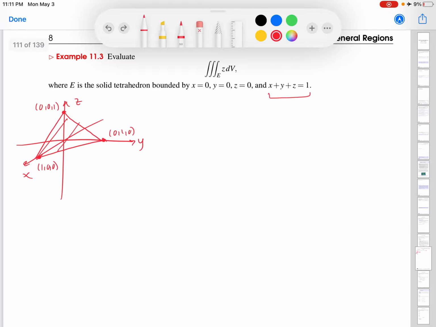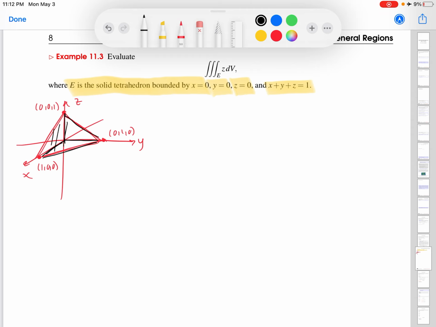And I'm being asked in this example to think of E as the solid bounded by x equals 0, y equals 0, z equals 0. These are all planes, and this other plane. So my tetrahedron includes this face, and then everything back here stops over here.